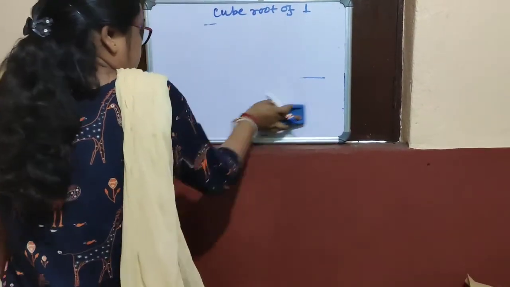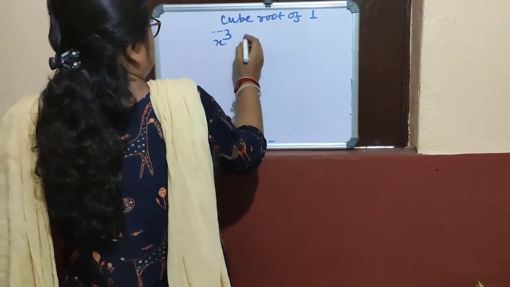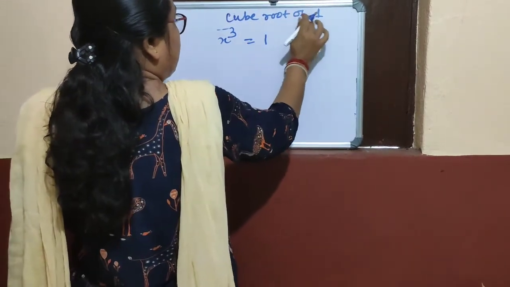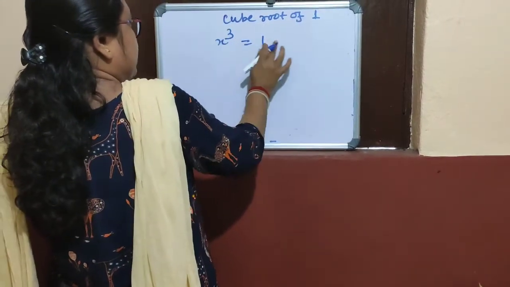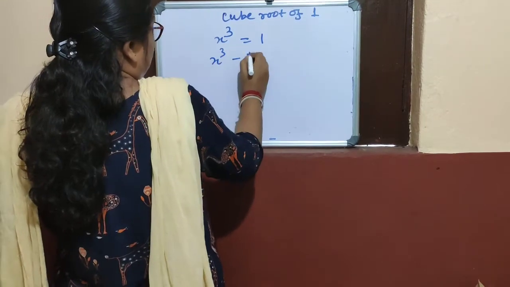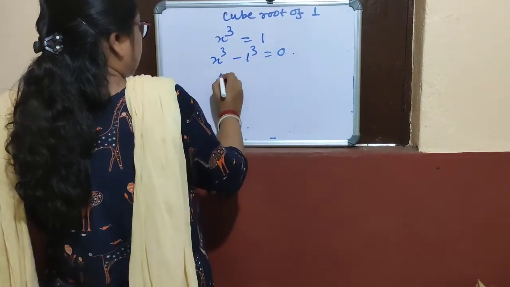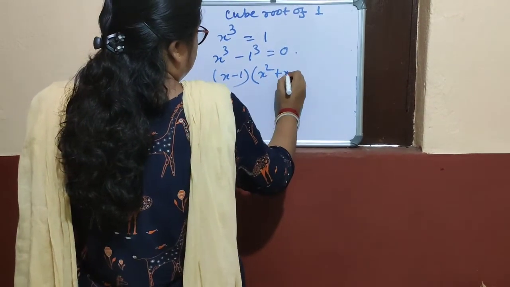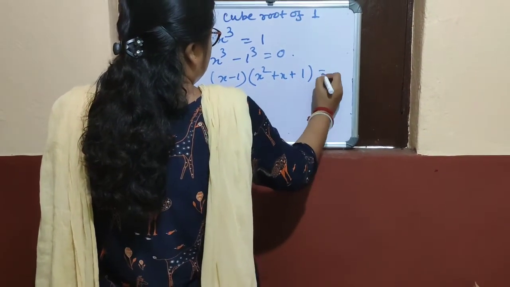Now cube root of omega means the cube root of unity. This is x cube equal to 1, x cube minus 1 cube equal to 0. So (x minus 1)(x square plus x plus 1) equal to 0.